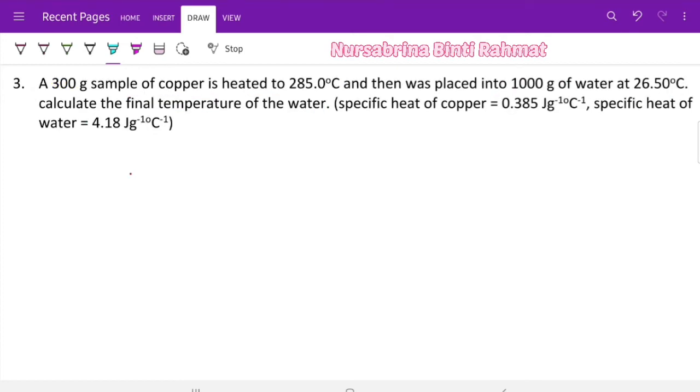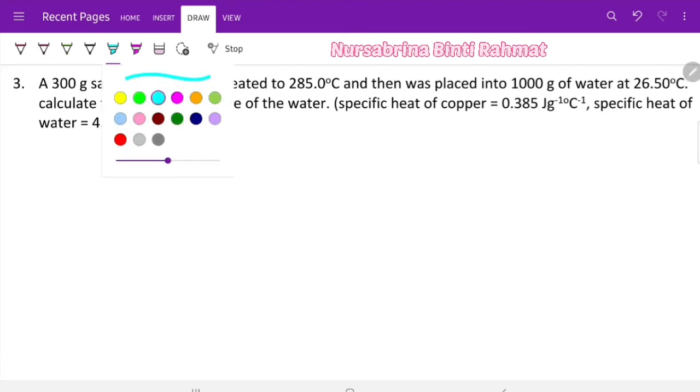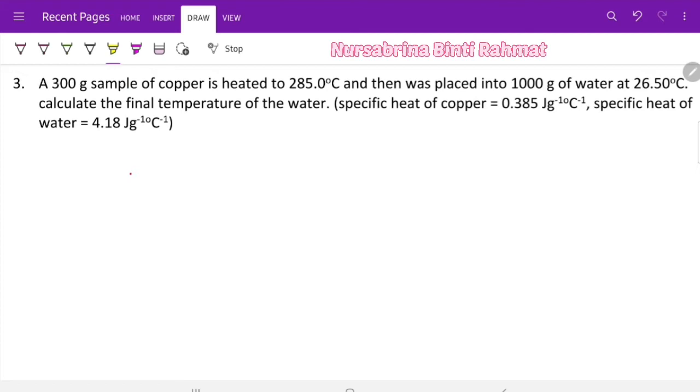Okay, so this is your question 3. 300 gram of copper is heated to 285 degrees Celsius. That means this is the initial temperature of your copper, and then it was placed into 1000 gram of water at 26.50 degrees Celsius.